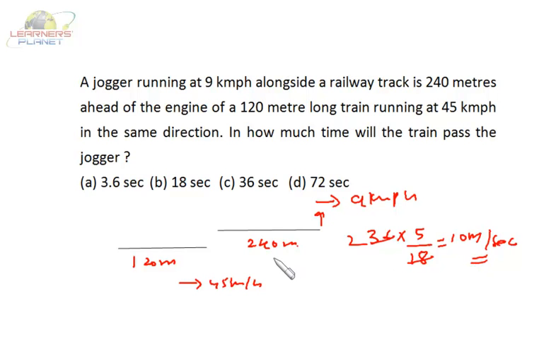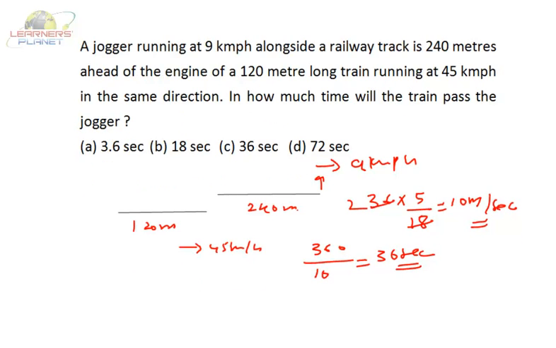Now the important part is that the train has to first reach this person, then it has to cross this person. That means the total length to be covered is 120 plus 240, that is 360 meters, with this speed. That means it will take 36 seconds to cross this person.